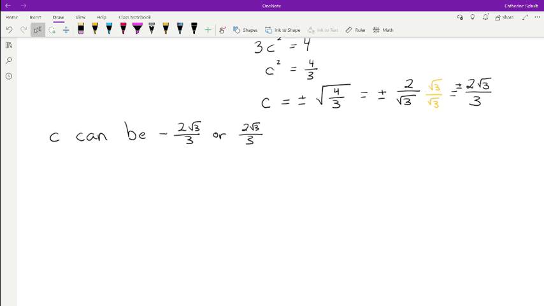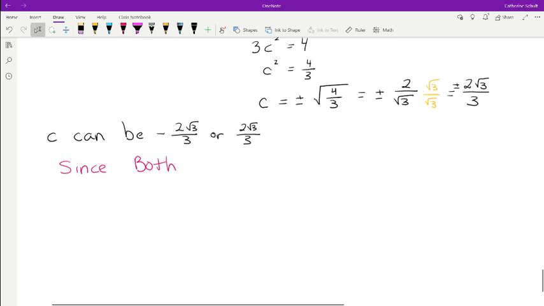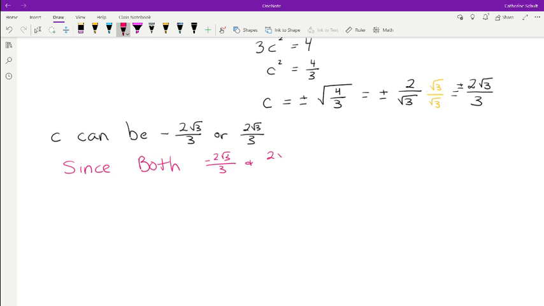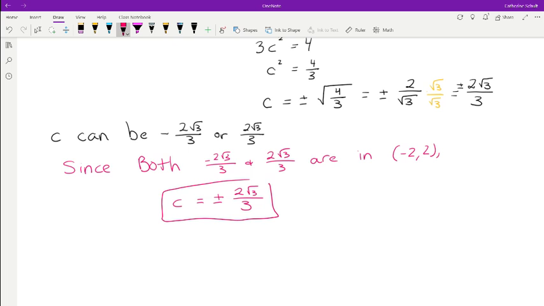So since both negative 2 root 3 over 3 and positive 2 root 3 over 3 are in that open interval, negative 2 to 2, that's your c's. Your c's are both of those numbers. All right, and then that's what that problem asked. They wanted us to verify that we could use the mean value theorem, and then they wanted us to find all the c's. There you go.